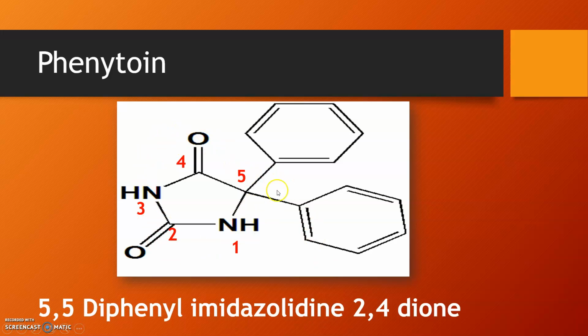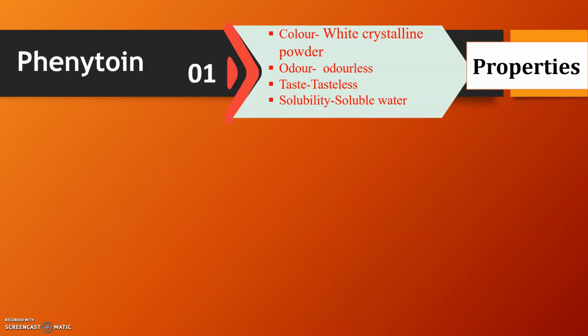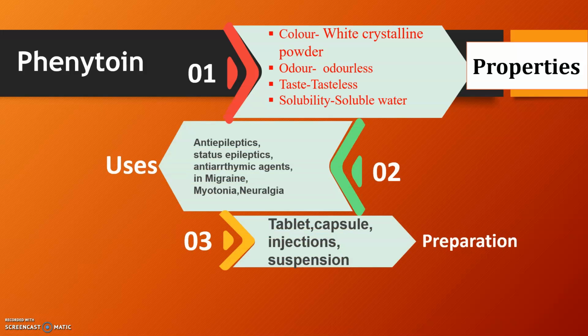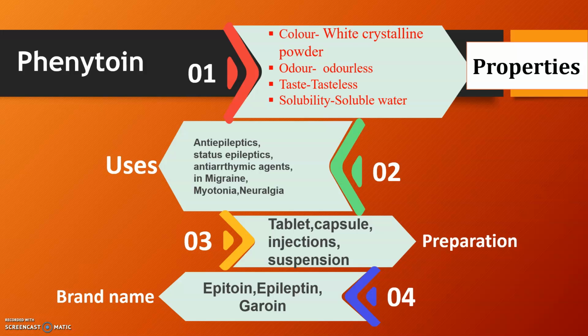The ring is imidazolidine, but there is the presence of oxygen at positions number 2 and 4, that's why 2,4-dione. Very simple and easy structure of phenytoin. Now what are the properties, uses, preparations and brand names of phenytoin? Pause this video and write in your notebook also.